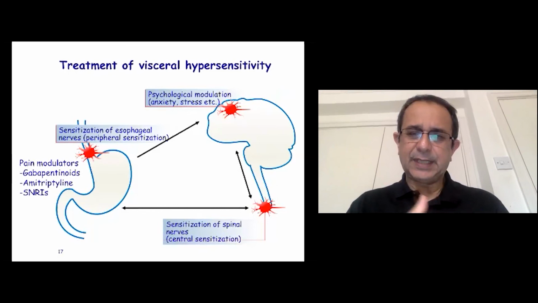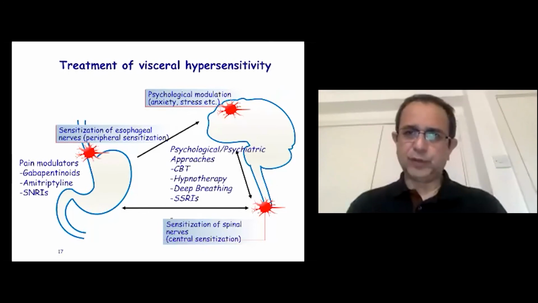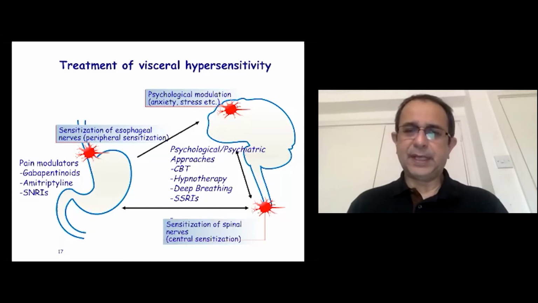And if there is an overlap, these medicines can be quite helpful. And of course, psychological approaches of cognitive behavioral therapy, hypnotherapy, slow deep breathing, and serotonin reuptake inhibitors like citalopram, etc., all have a place in the appropriate patient. So every patient needs to be assessed in detail to decide what the best treatment option would be.